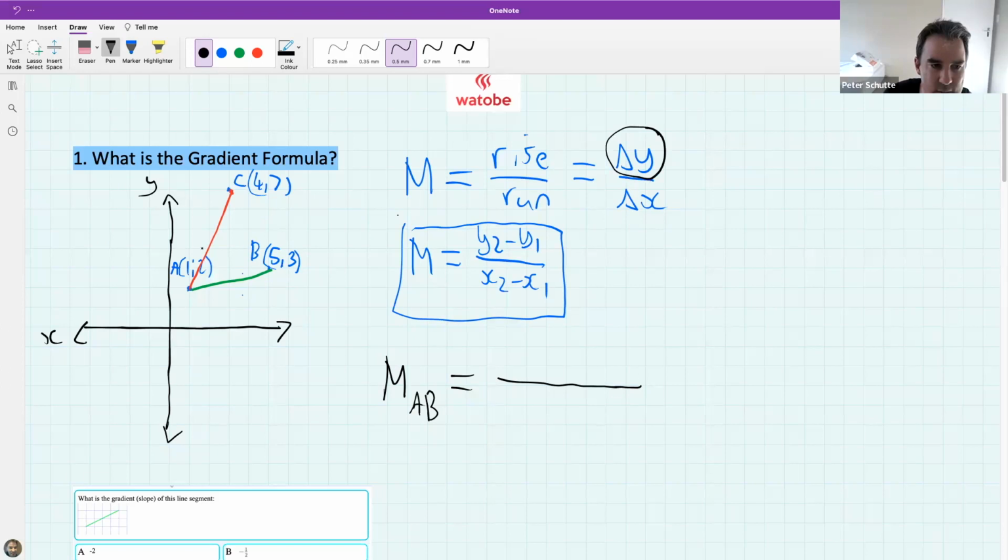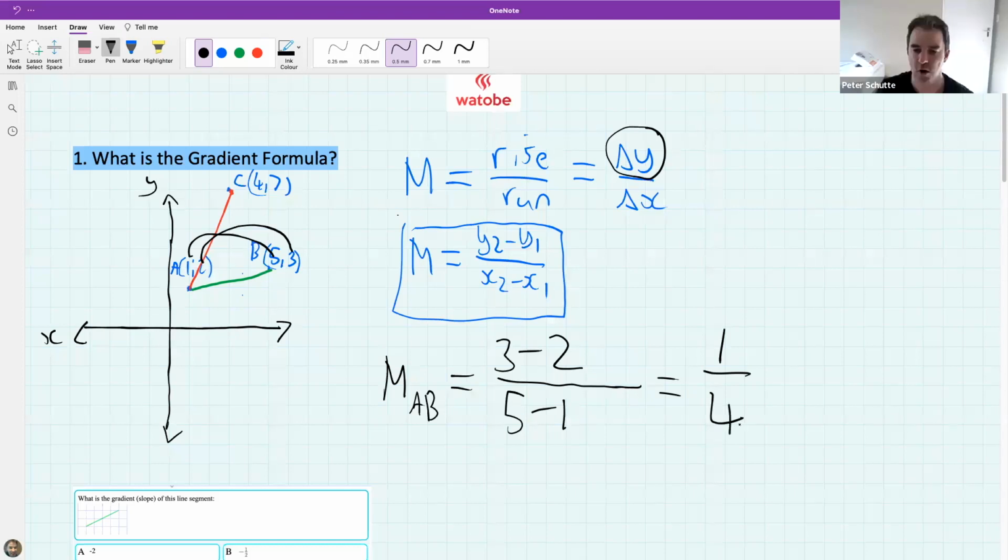So I say y2, so I go 3 minus 2. And then on the x part, it's going to be 5 minus 1. And so we say the gradient from A to B is 1 over 4.